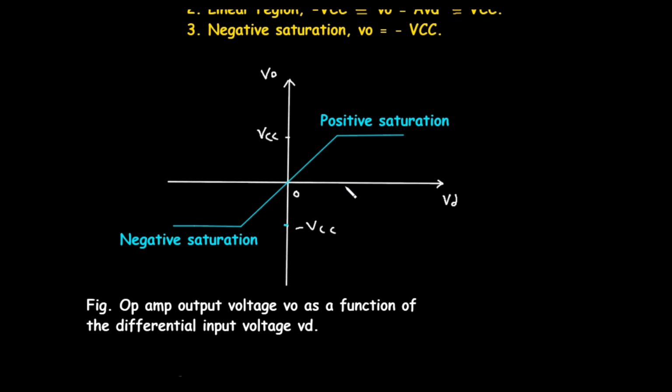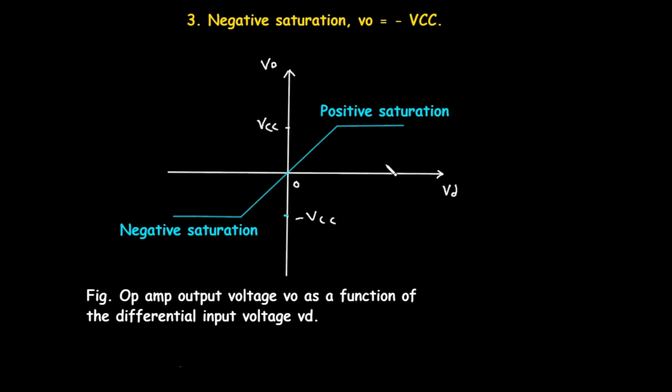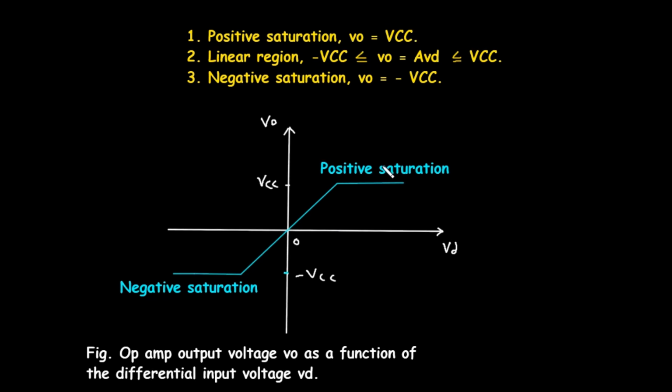Now here we can see the linear region. Let's understand one by one. This is the linear region. Look at the very steep slope in the middle. This is where the equation VO equals A times VD holds true.